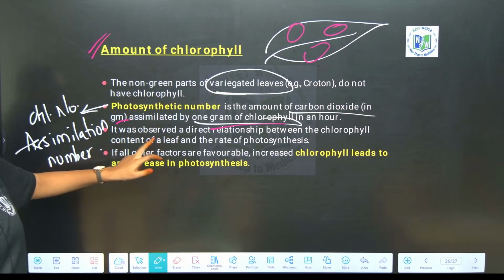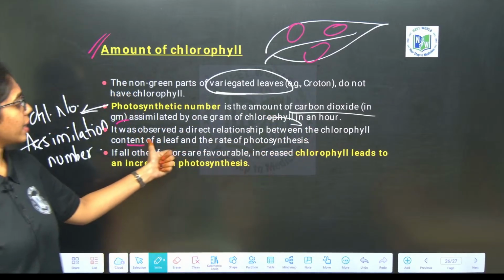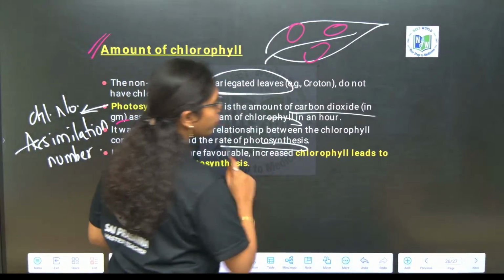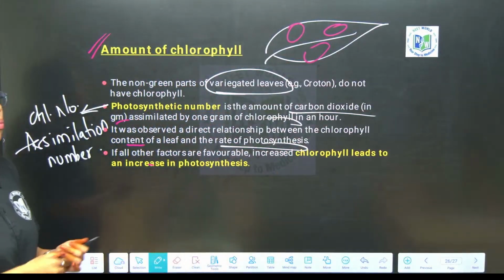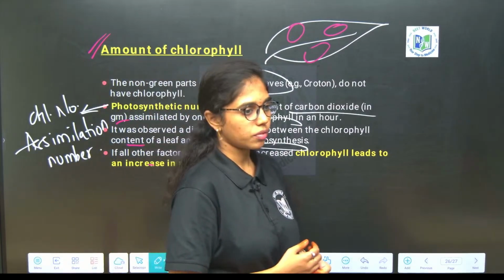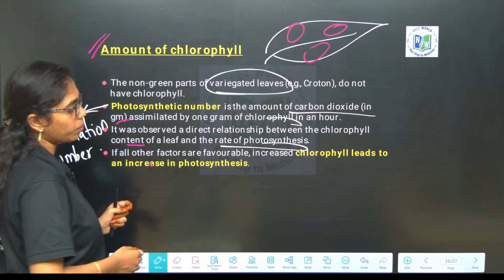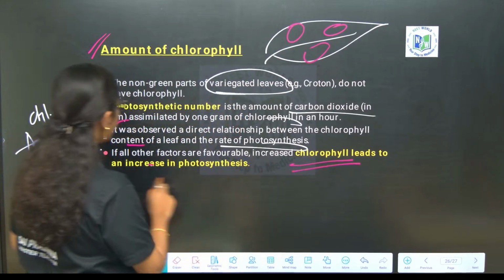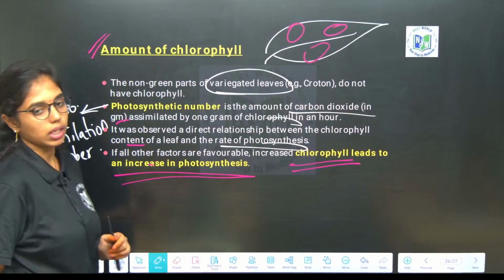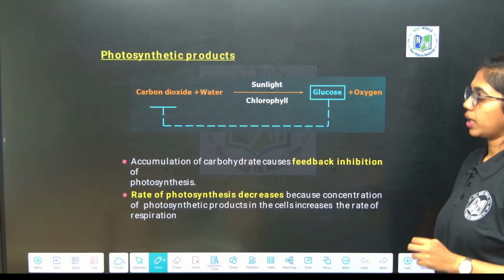It is observed a direct relationship between the chlorophyll content of the leaf and rate of photosynthesis. More the amount of chlorophyll, more will be the rate of photosynthesis. And if all the other factors are favorable, increased chlorophyll will lead to what? Increase in photosynthesis.